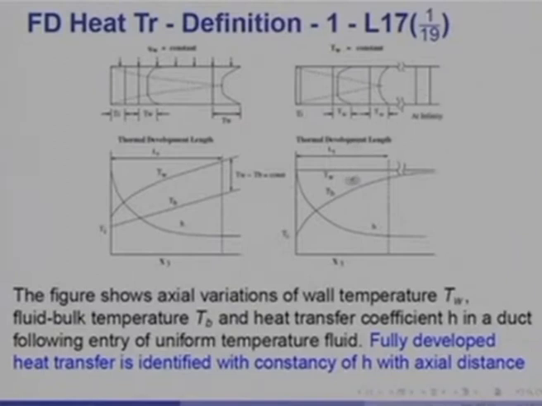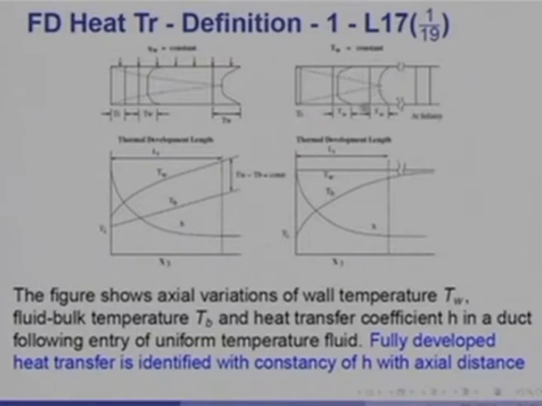Fortunately, however, it so happens that as the temperature profile develops, the gradient at the wall goes on changing. As a result, the heat transfer rate goes on changing with x.